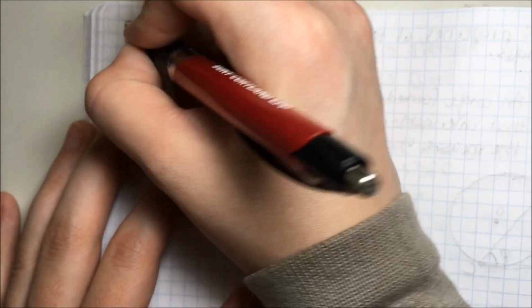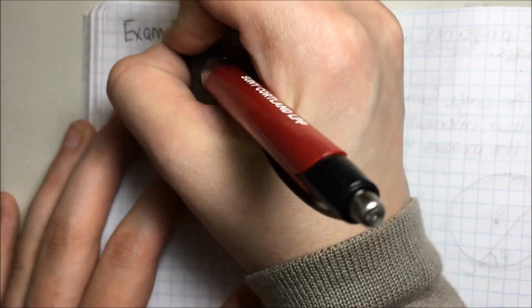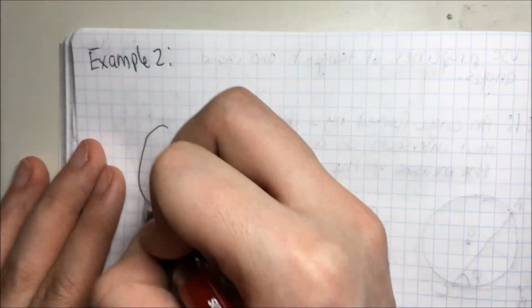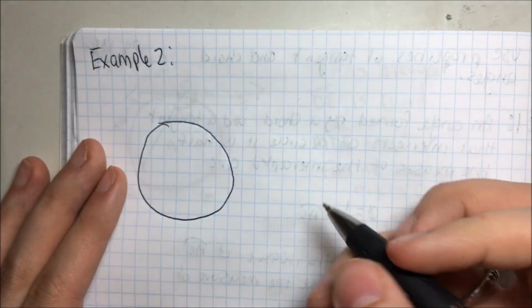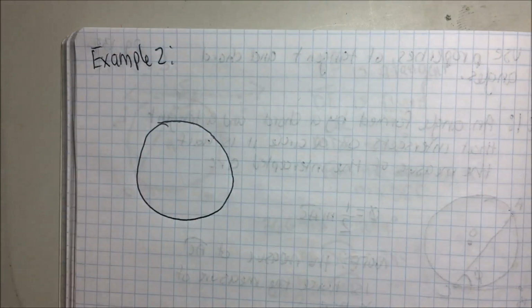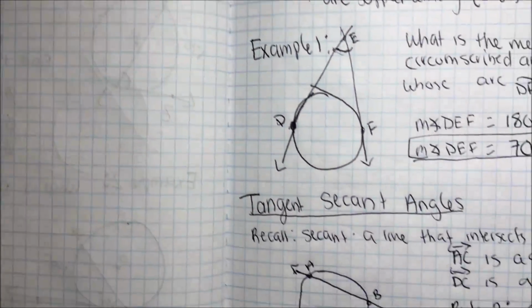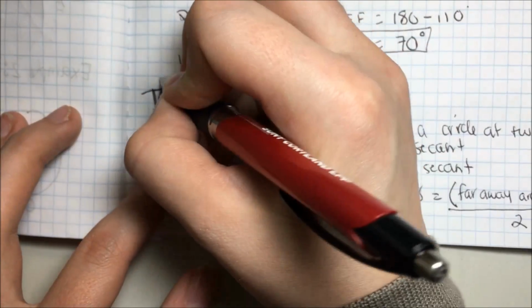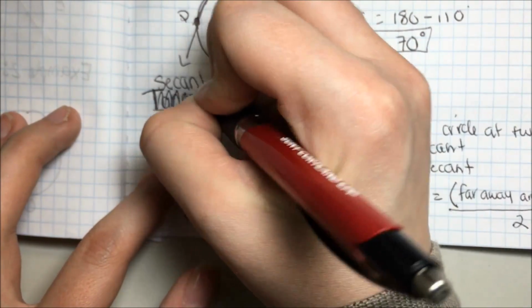So we'll look at an example. Example 2. So we draw a circle. Oh, we have to correct something, guys. I did secant first.